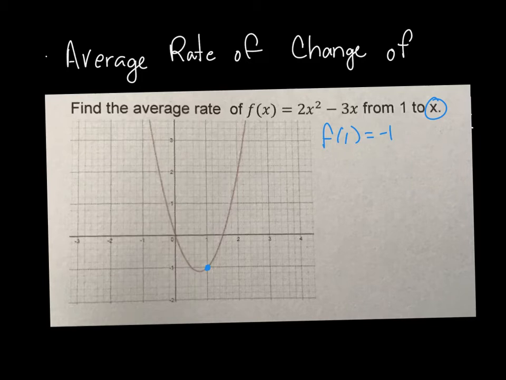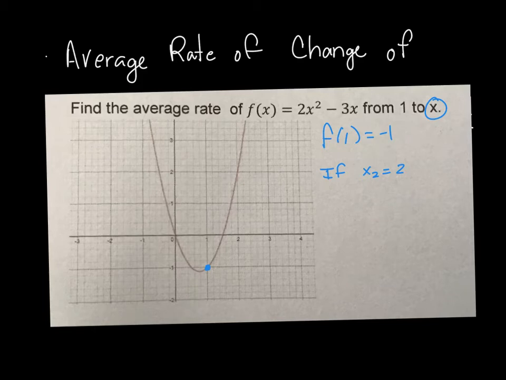So this answer is not going to be a number. It's going to be in terms of x because we don't have a specific number. So if x2 was equal to 2, that line would be up here, and I would want to know what that average rate was.